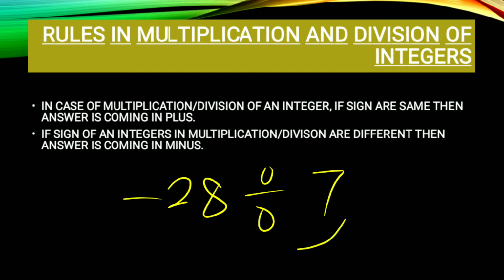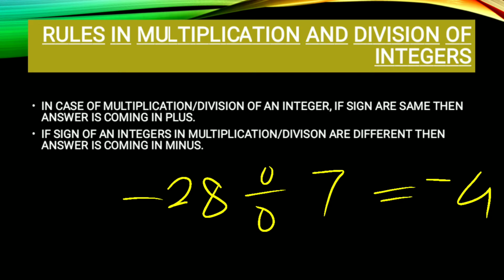In the 7s table, how much does 28 come to? In the 7s table, 28 is 4, so we will write 4 here, but you can observe the sign. 28 is a negative integer, 7 is a positive integer. It means that the answer comes in minus. So that's why the answer is minus 4.